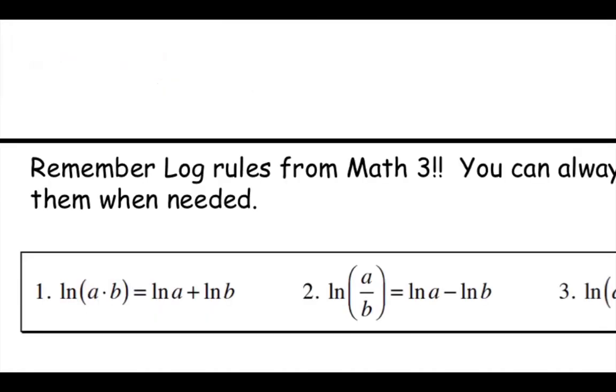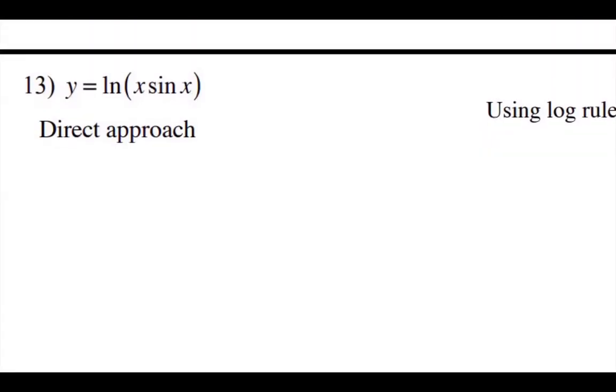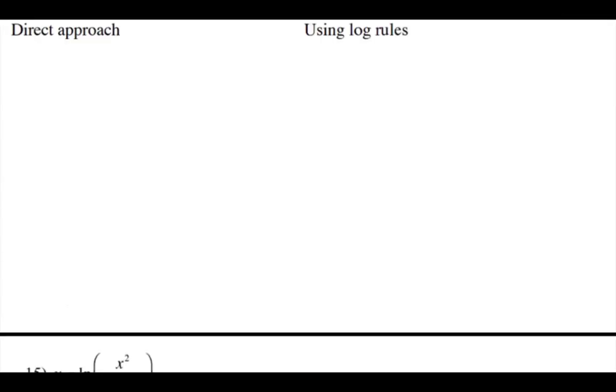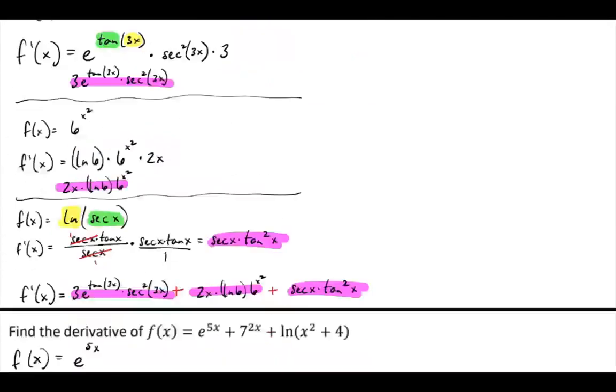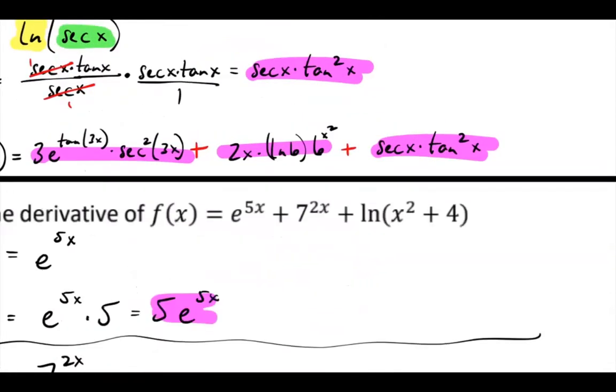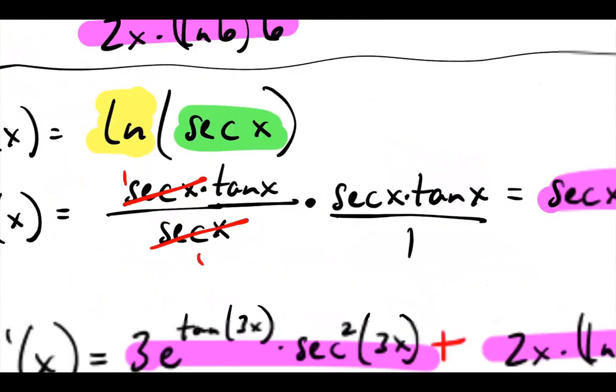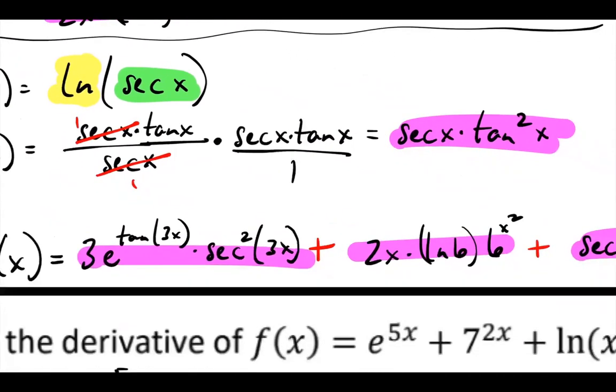But this guy right here is not a chain rule problem because it's the natural log of this guy here. So that's what I was saying. I think this part over here that we added, I don't think is needed. So let's take that off.